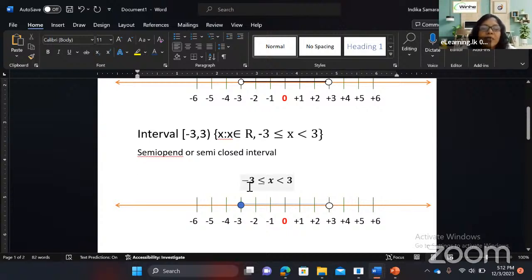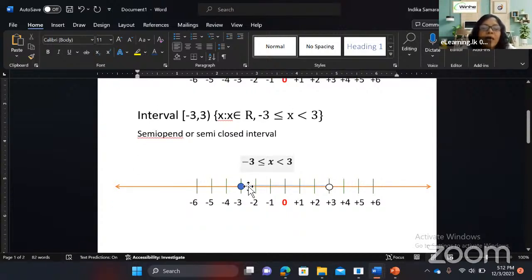Then how do we represent it on the number line? If there is an equal sign with the greater than or equal sign, then you have to mark that point with a colored circle. Here you can see x is greater than or equal to -3. Since there is an equal sign here, you have to mark that point with color, right?